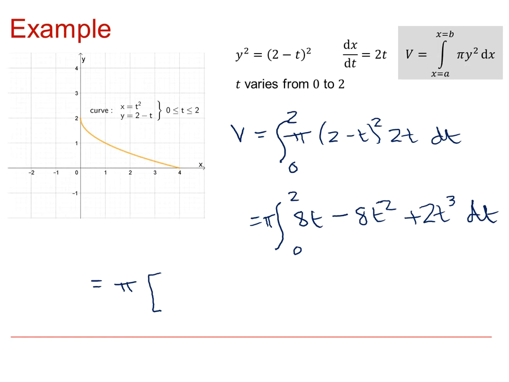which gives me 8t squared over 2 minus 8t cubed over 3 plus 2t to the 4 over 4, between 0 and 2.